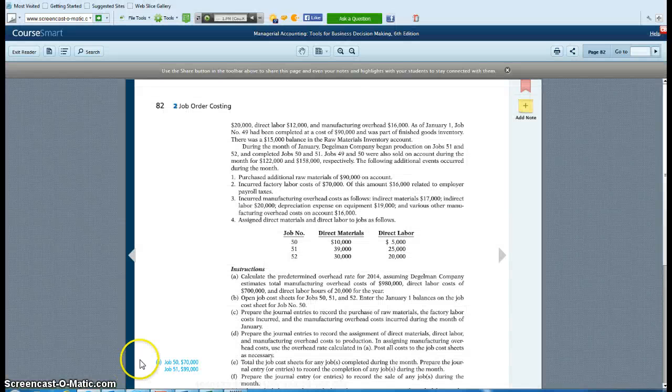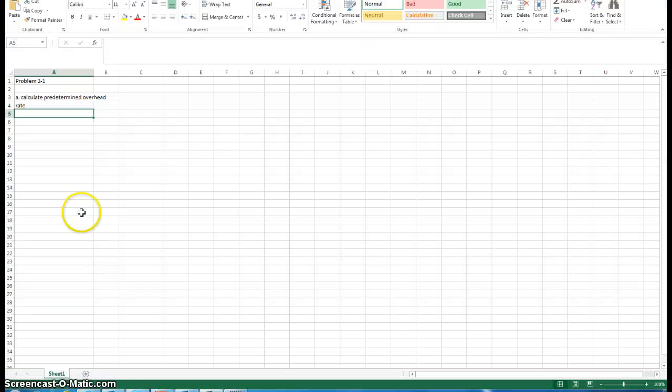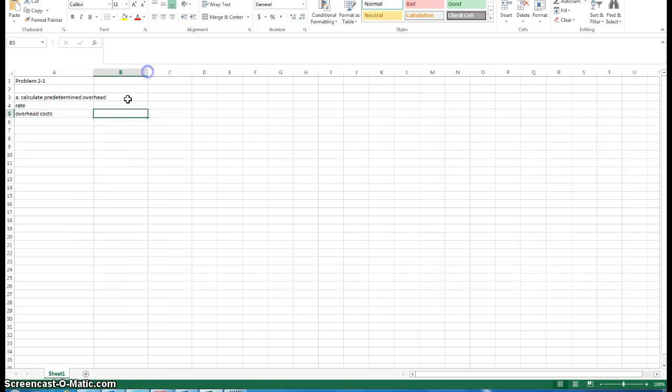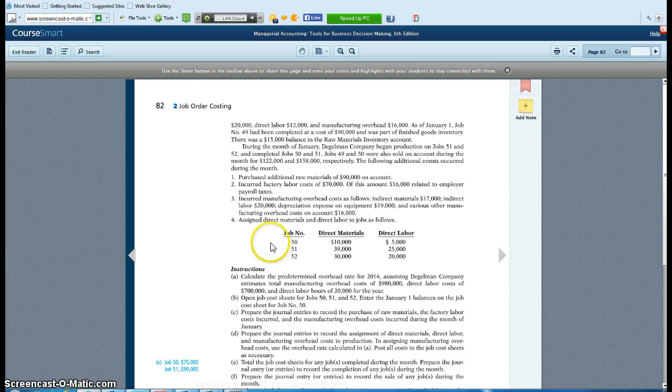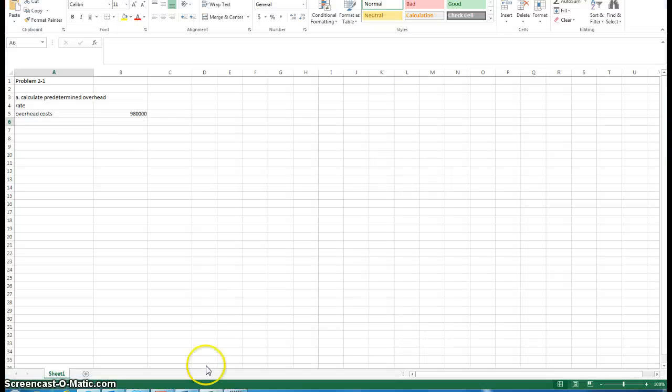I apologize for going back and forth. The total manufacturing overhead cost is $980,000, so we know the overhead costs are $980,000, and we know that the direct labor costs are $700,000.